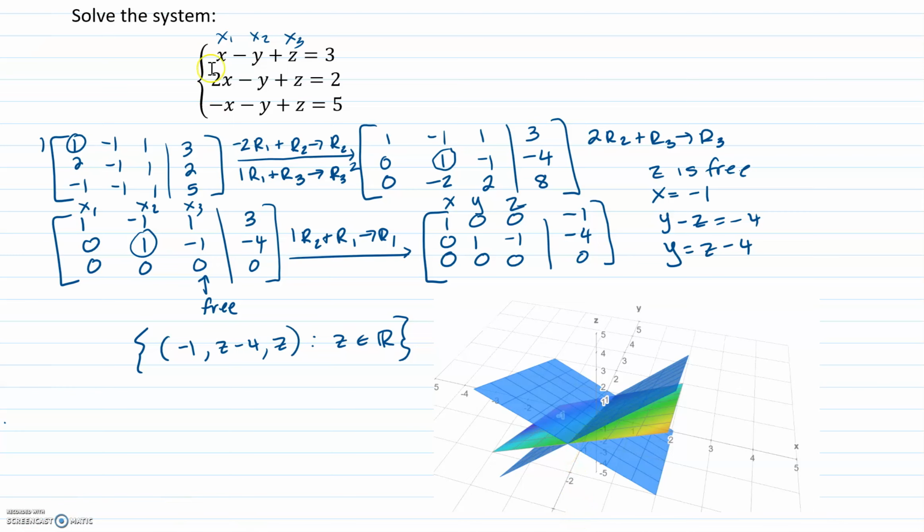You can see that we do have 3 equations and 3 unknowns, but since it looks like 3 planes are intersecting along this one line, x is always negative 1, but that y value is always going to be z minus 4.